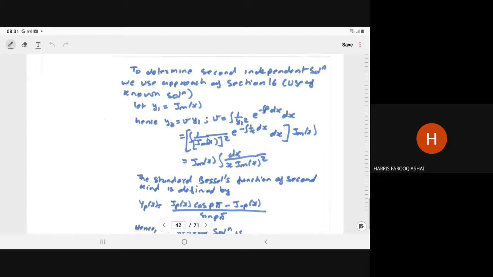Here y1 is J_m, so 1 upon J_m squared, and e to the power minus the integral of 1 upon x dx, since for the Bessel equation capital P is 1 upon x. So it can be written as J_m(x) times the integral of dx upon x times the square of J_m.